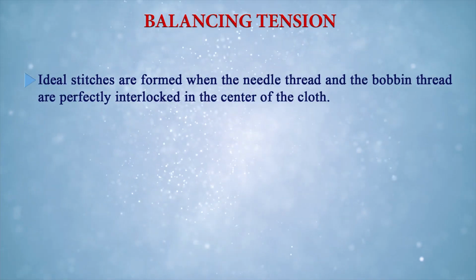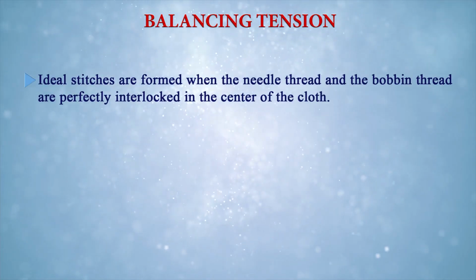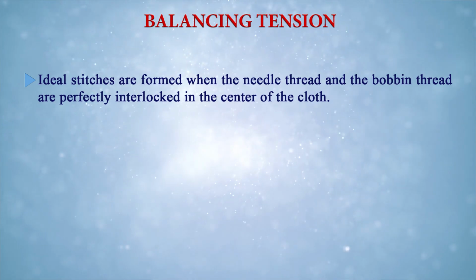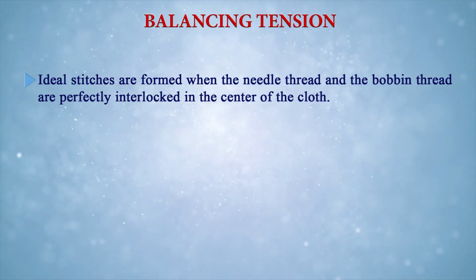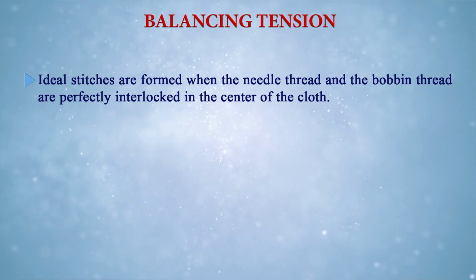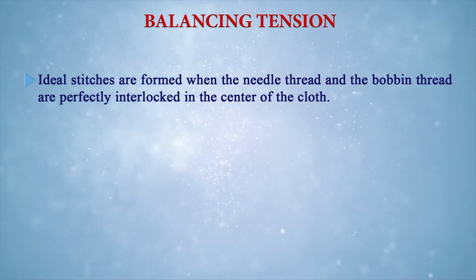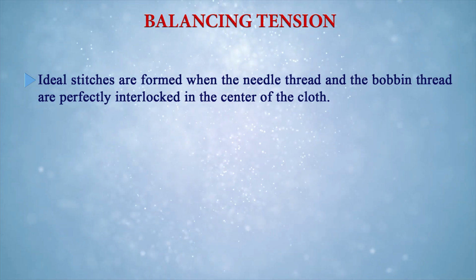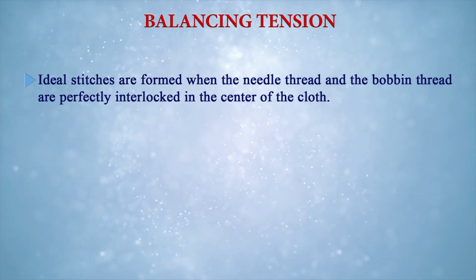If the upper and lower tension are not working properly, we will not have a proper seam. So what we should do is balance the tension. The ideal stitch is formed when the needle thread and the bobbin thread are perfectly interlocked into the center of the cloth when we are sewing the fabric.